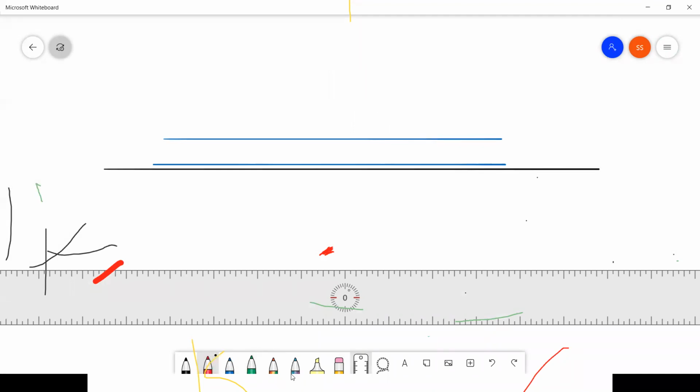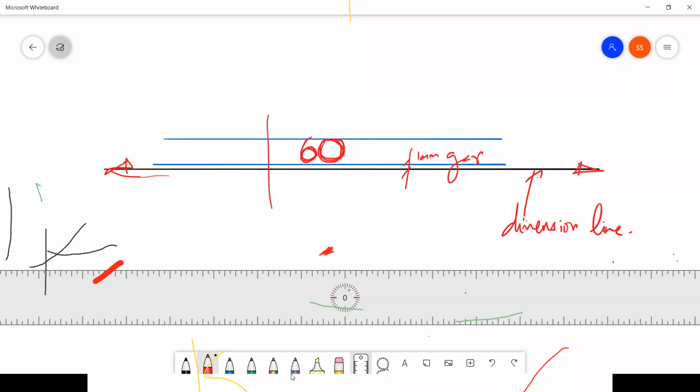You should write your letter, whatever the dimension of that one is. There should be a 1 millimeter gap. This is your dimension line, and here you will get your arrowheads, right? So your letter size will be 3 millimeters.